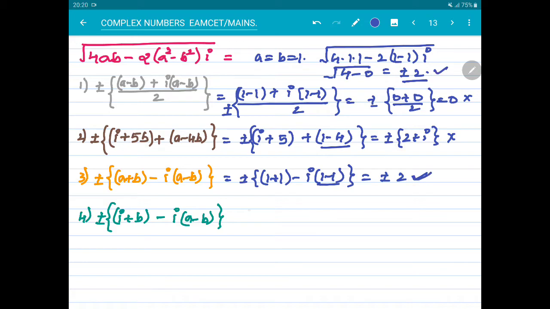Even then, let us check the fourth option. Plus or minus of i plus 1 minus i times 1 minus 1, this value will be 0. So the answer is plus or minus of 1 plus i. So clearly third option is the correct option. This is the super trick, right?